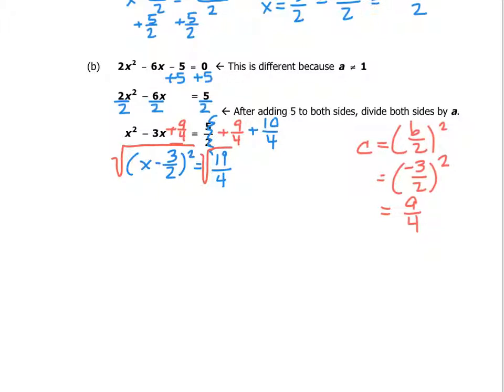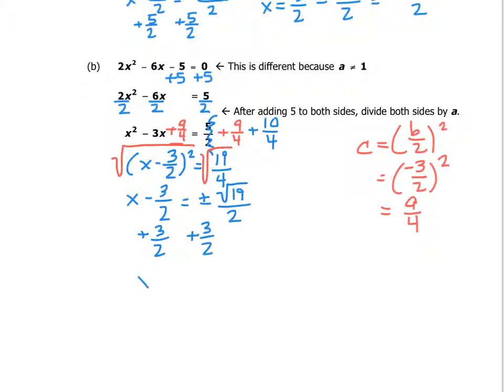On the left-hand side, I have x minus 3 over 2. On the right-hand side, I have plus or minus. On the top, I have the square root of 19. On the bottom, I have the square root of 4, which is just 2. My last step here, I need to add 3 over 2 to both sides of the equation to get x by itself.